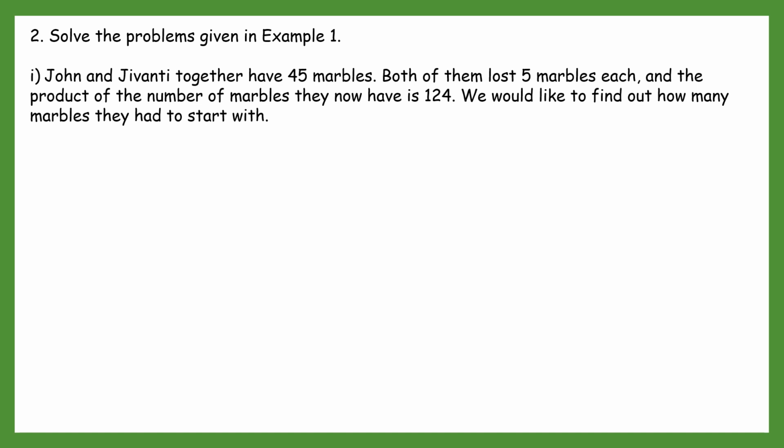John and Jivanti together have 45 marbles. That means we don't know how many marbles each has. John has how many marbles, Jivanti has how many marbles, individually we don't know.